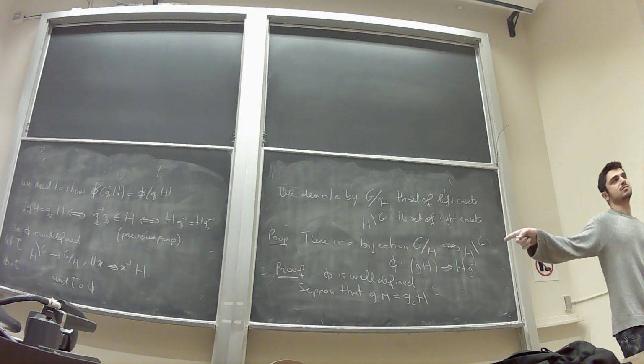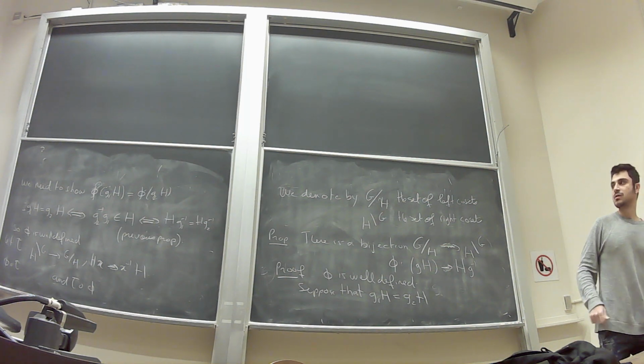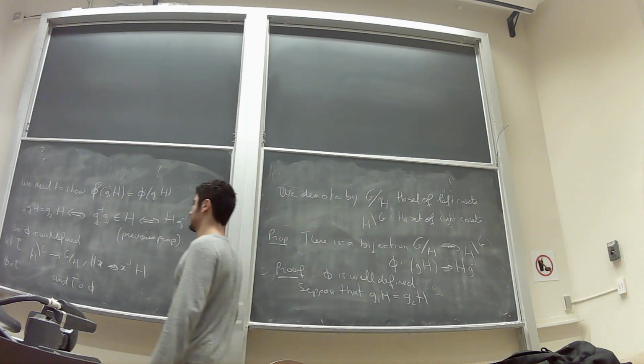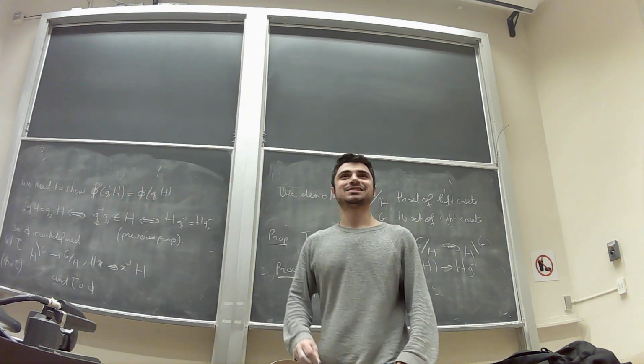It should be easy, right? Tau composed with phi, you get back to the identity. Try to do it, okay? It's a good exercise.